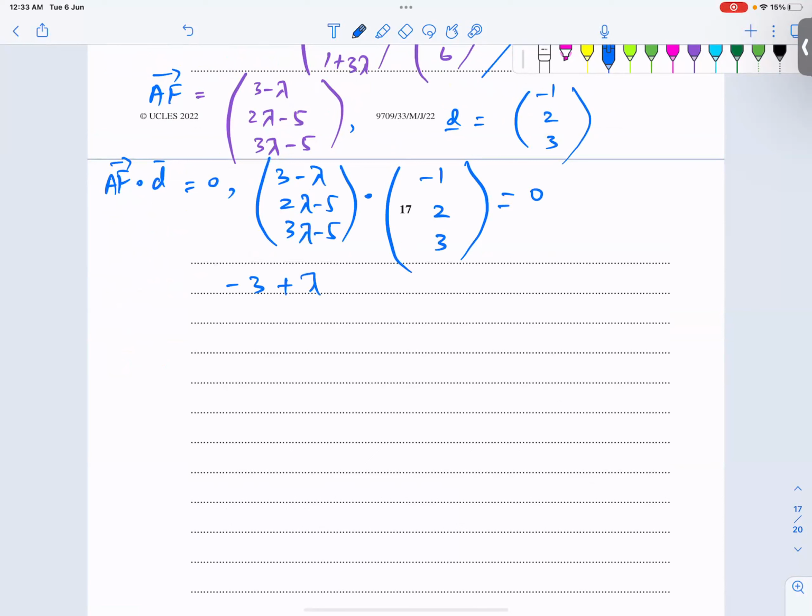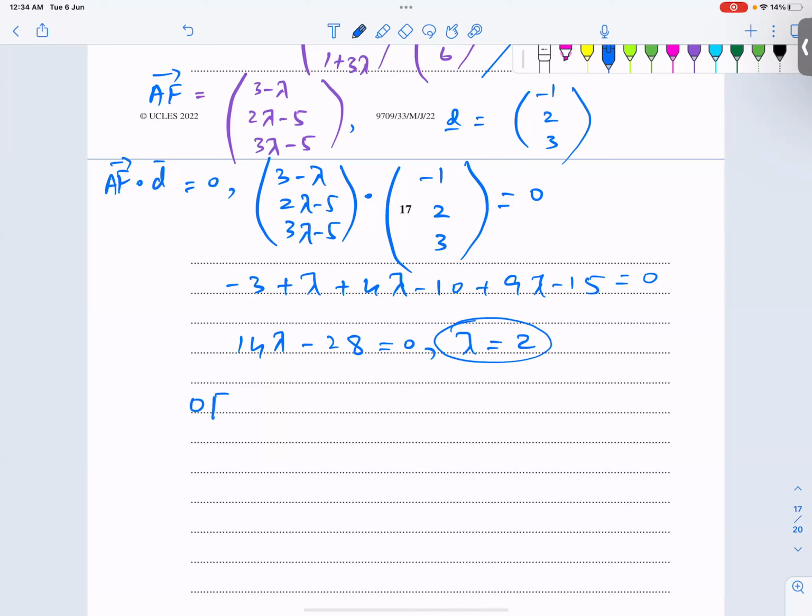-3 plus lambda plus 4 lambda minus 10 plus 9 lambda minus 15 is equal to 0. So this will become 14 lambda minus 28 is equal to 0. So from this equation, lambda is equal to 2.